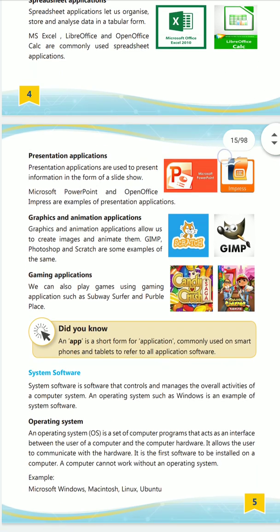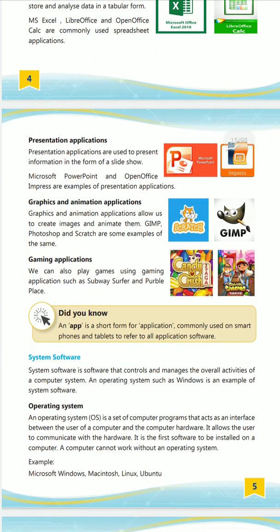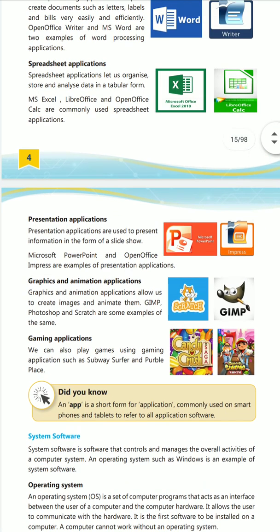Next, presentation application. Here we can go for Microsoft PowerPoint and Open Office as well. There are some differences between your spreadsheet application and presentation application. In spreadsheet application there is some information which we can make in tabular form.